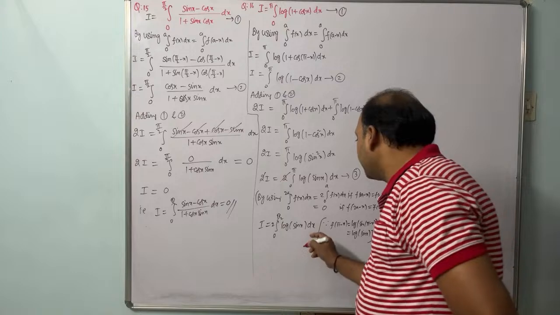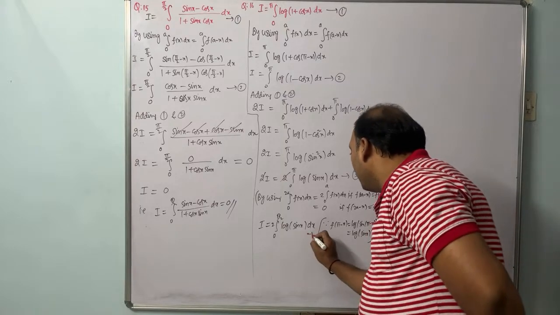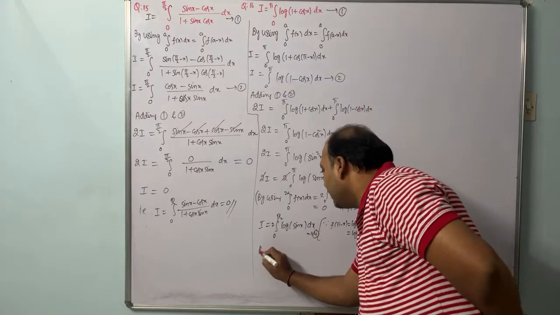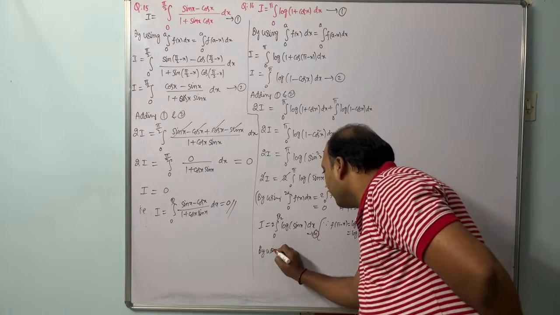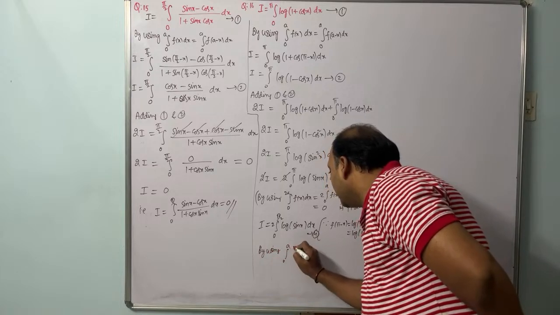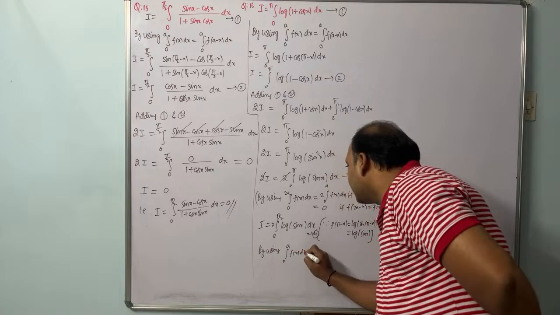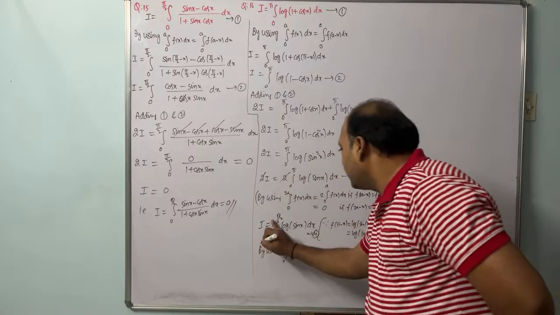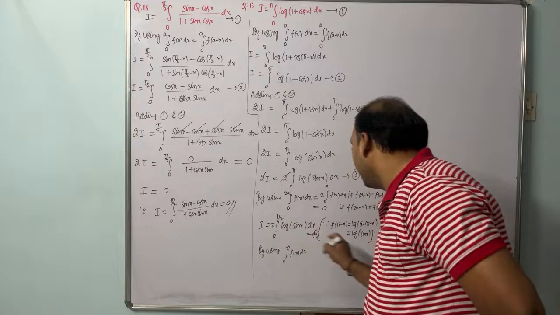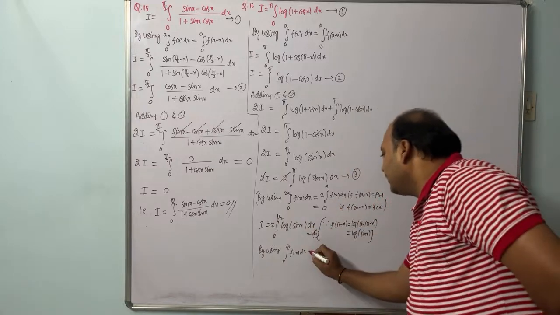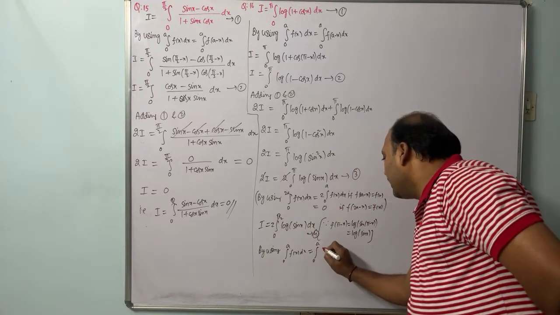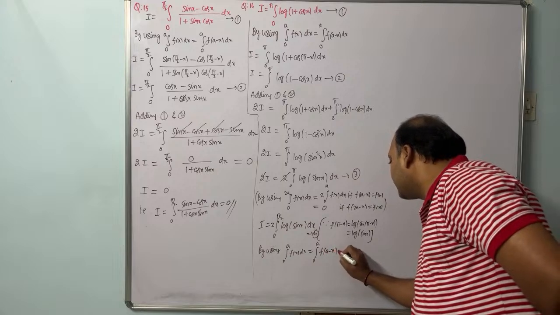So equation number 4. Again by using integral 0 to a f of x dx, we have 2 already cancelled. Now it is 2 coming here by using this property, equal to integral 0 to a f of a minus x into dx.